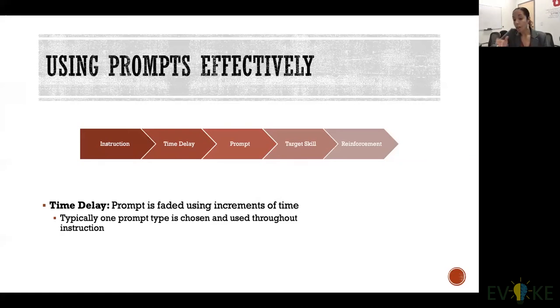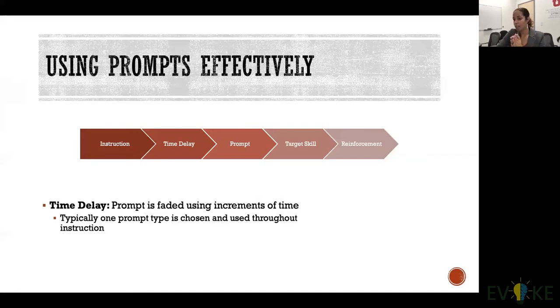The other one is progressive time delay. That strategy is where you still delay the prompt, but you progressively delay it more and more to allow the child more time and opportunity to be able to respond without the prompting. That might be initially a 0 delay between the instruction and the prompt.